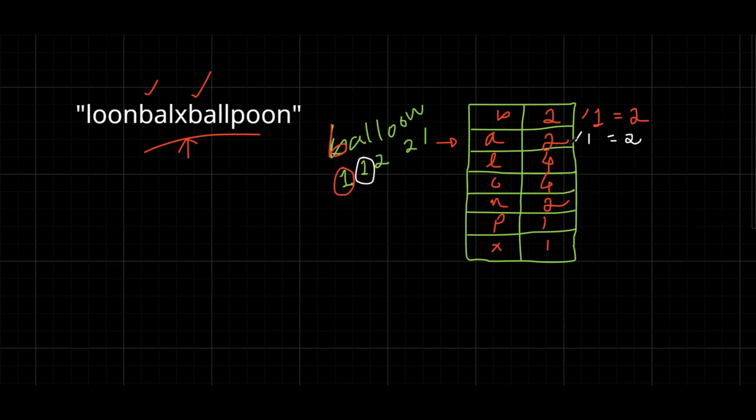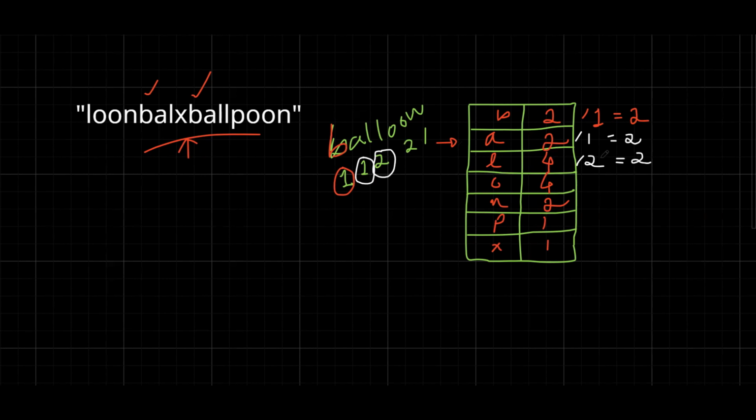Now the frequency of L is 4, and the frequency of L in the word balloon is 2. So for each balloon instance, we need 2 L's. So if we divide 4 by 2, the output will be 2.